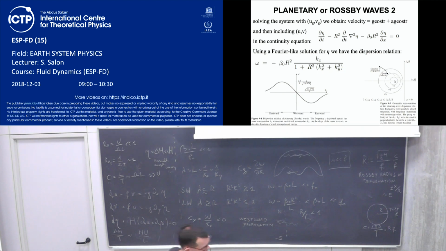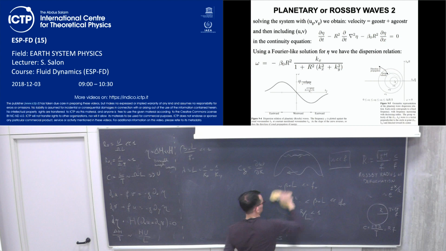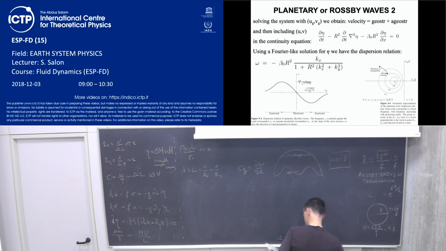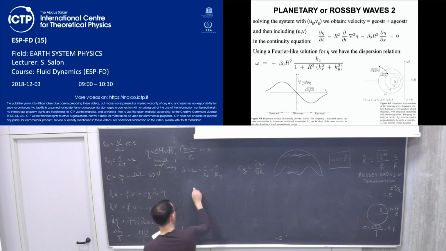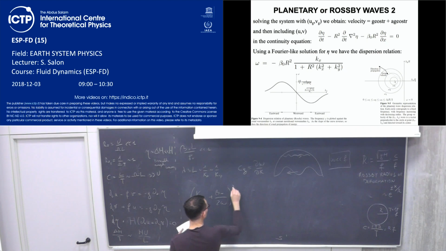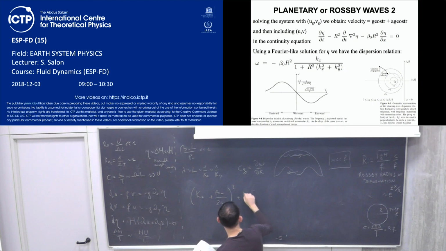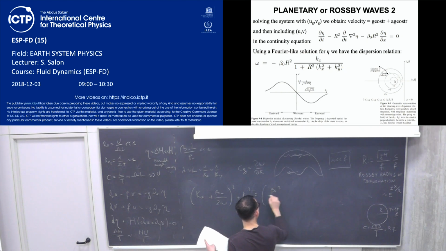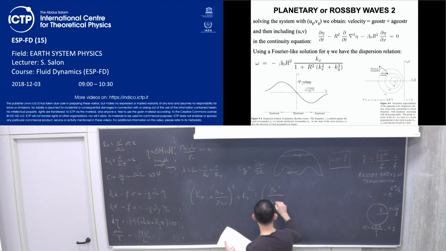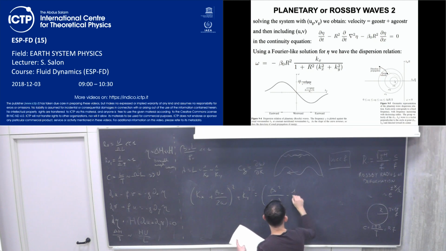So, if we rewrite the dispersion relationship, it is kx plus beta 0 over 2 omega squared plus ky squared equal to beta 0 squared over 4 omega squared.